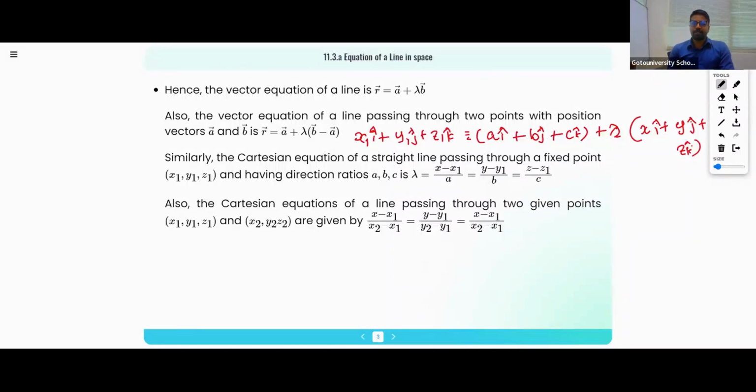So we can say X1 is equal to A plus lambda X. Then what is lambda now? What is A now?